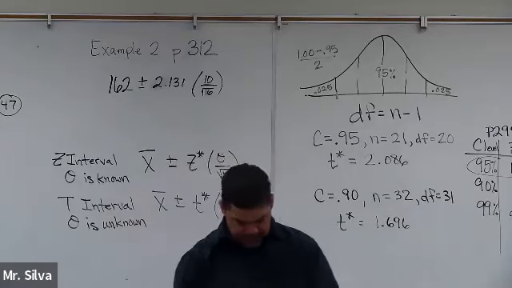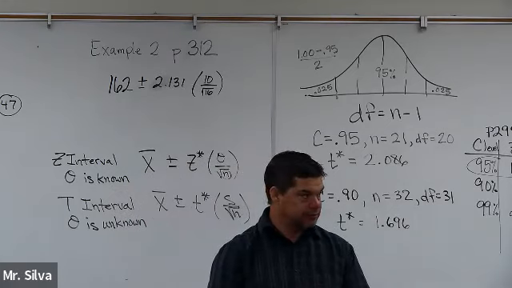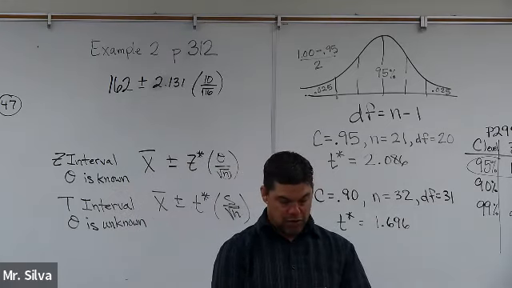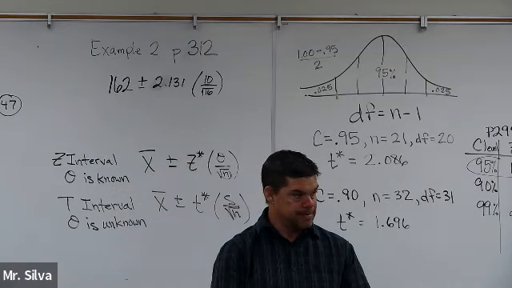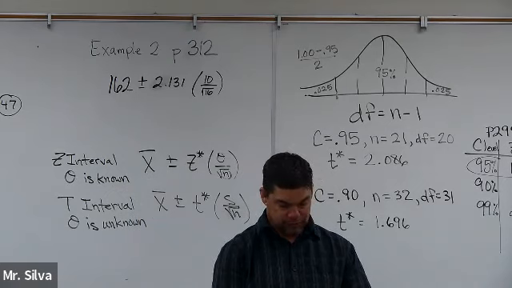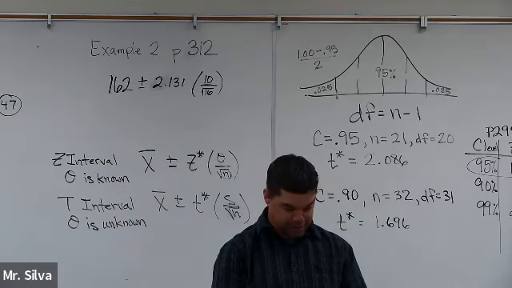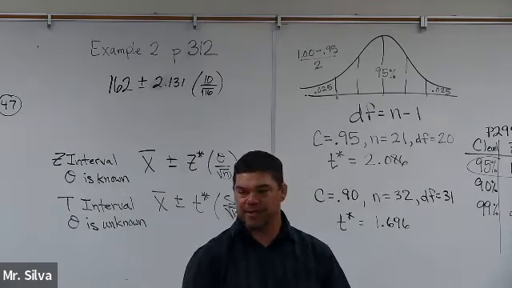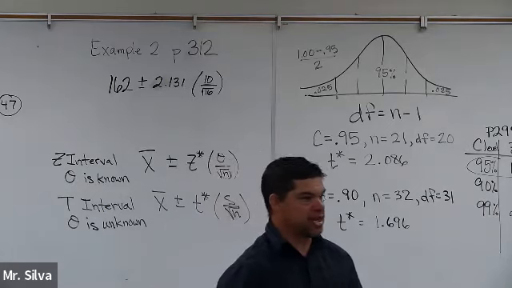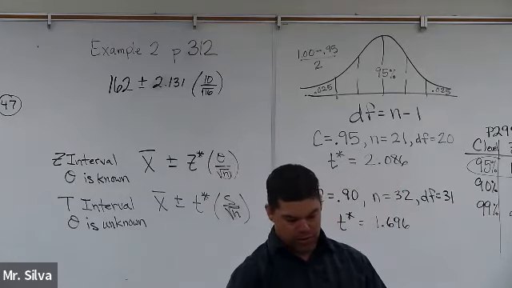Press stat. Go to test. And we're going to go down to T interval. Press enter. Choose data. And then press enter. List 1. That's where you want to put your data. Frequency. Always keep your frequency at 1. Okay, don't change the frequency, FREQ.